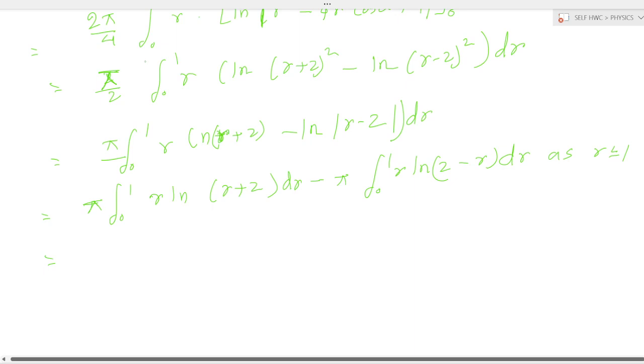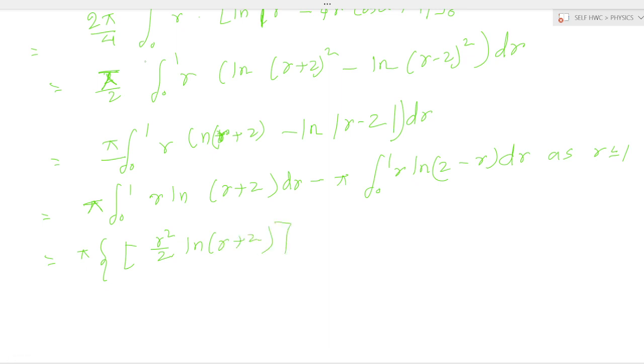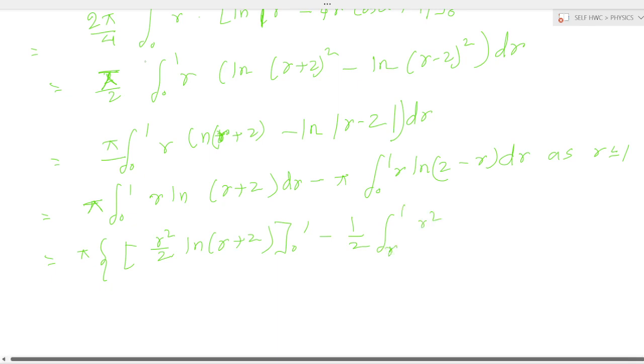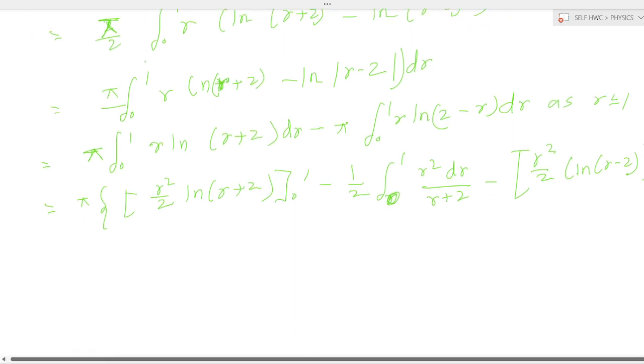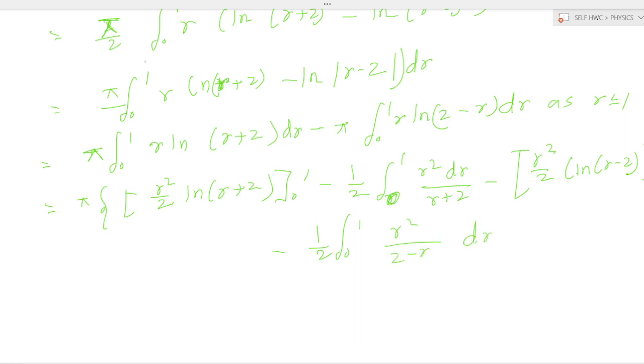And this is equal to pi times [r²/2 ln (r+2)] from 0 to 1 minus 1/2 the integral from 0 to 1 of r² dr by (r+2), minus [r²/2 ln (2−r)] from 0 to 1, and minus 1/2 the integral from 0 to 1 of r²/(2−r) dr.